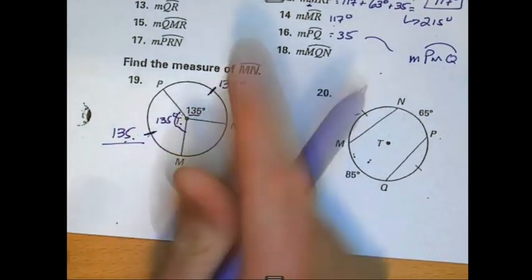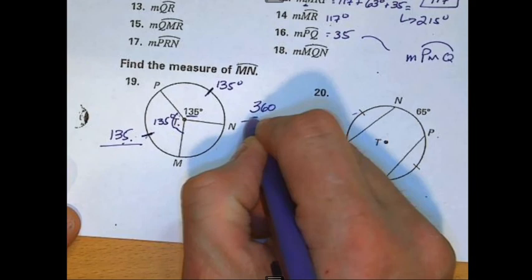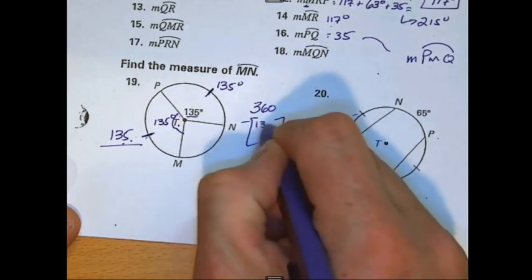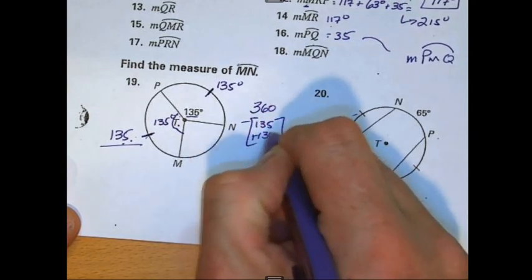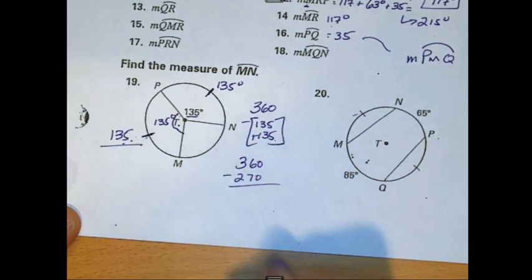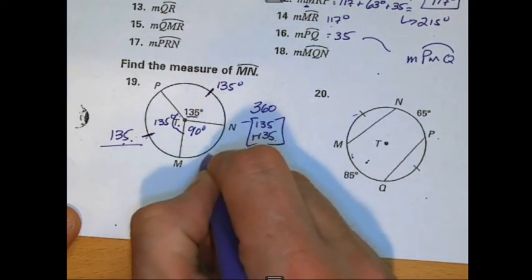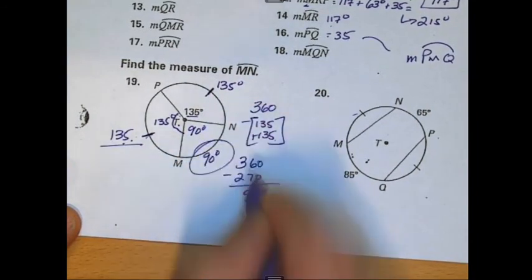And the whole circle is 360. So if I subtract 135 plus 135, which is 270, then that gives me 90 degrees, which is the arc of 90 degrees.